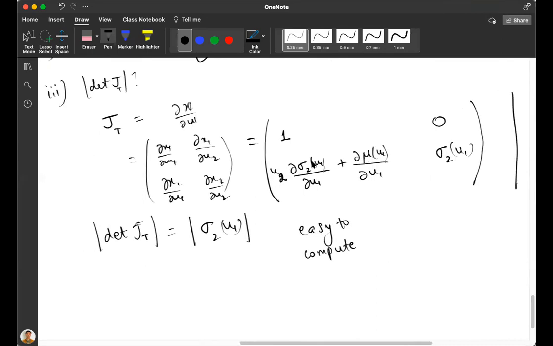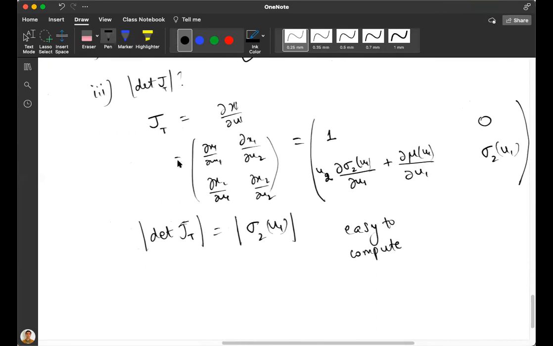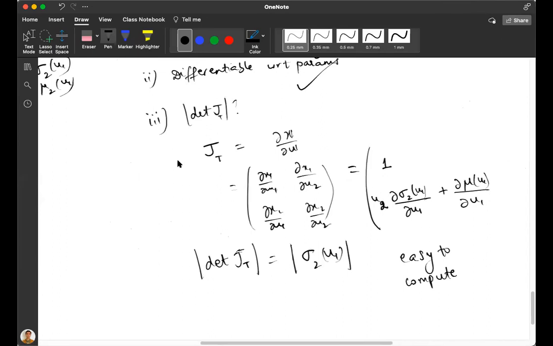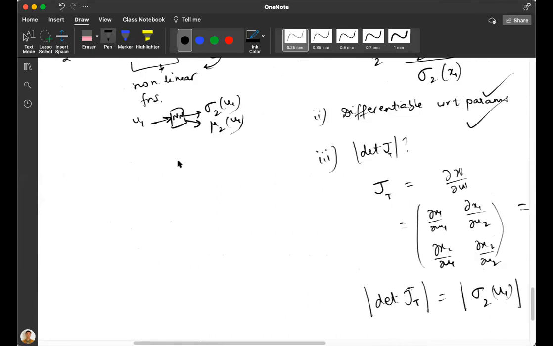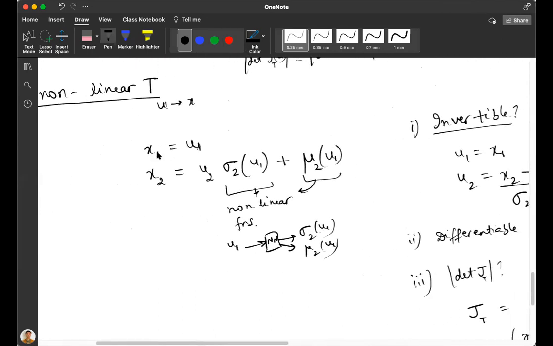And why is this possible? Because each term is progressively dependent only on the past terms. So let's say here, x1 depends on u1 or previous terms, if there were u0s, etc. X2 depends on u2 directly, linearly, and other terms non-linearly, let's say u1, u0, whatever.